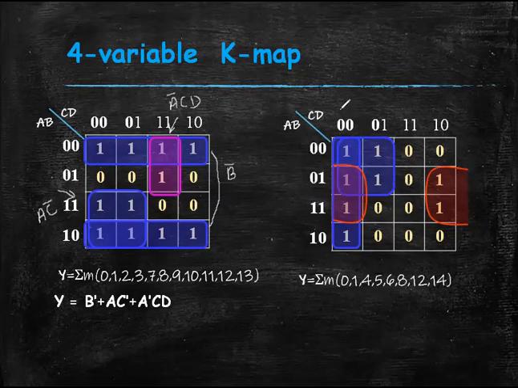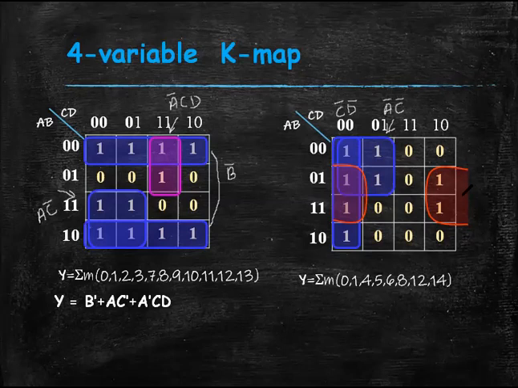Here for the first one it is C bar D bar. For this square, C bar not changing and A bar not changing, then A bar C bar.